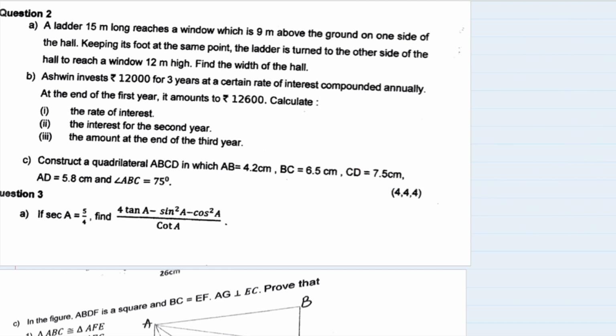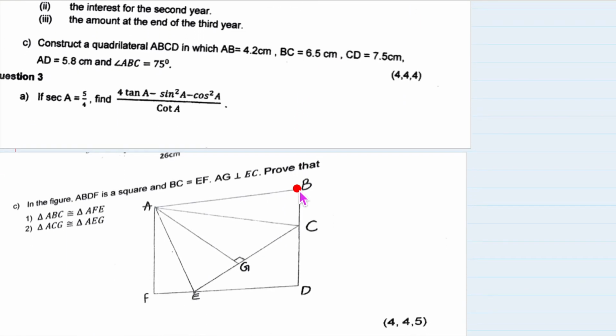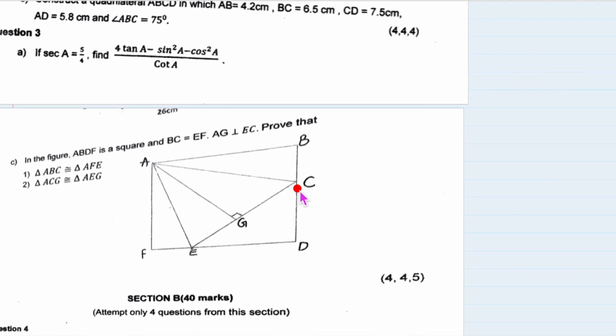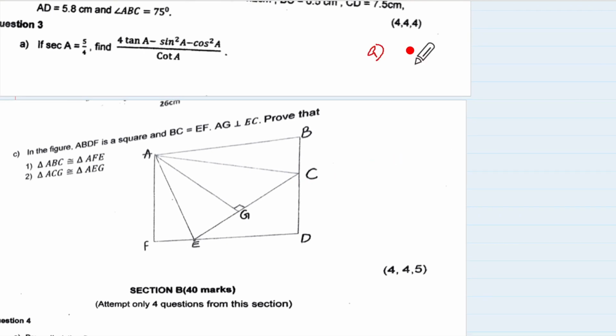All right, now let us come to question number 3. Now question number 3a is giving you sec A equal to 5 upon 4. Now sec means 1 upon cos A, correct? So that is 5 upon 4, which means cos A is 4 upon 5.